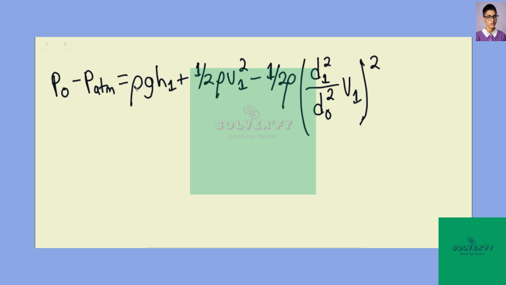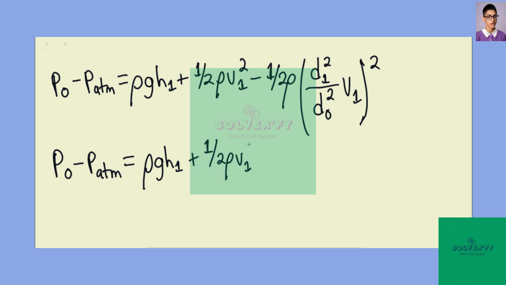Rather, we can further simplify and say that P sub 0 minus P ATM equals rho g h sub 1, and then here it would simply be times 1 minus d sub 1 to the 4th divided by d sub 0 to the 4th. So that's how we would simplify that.